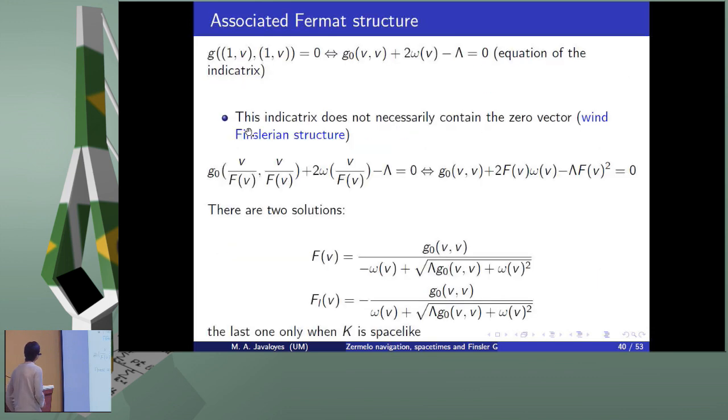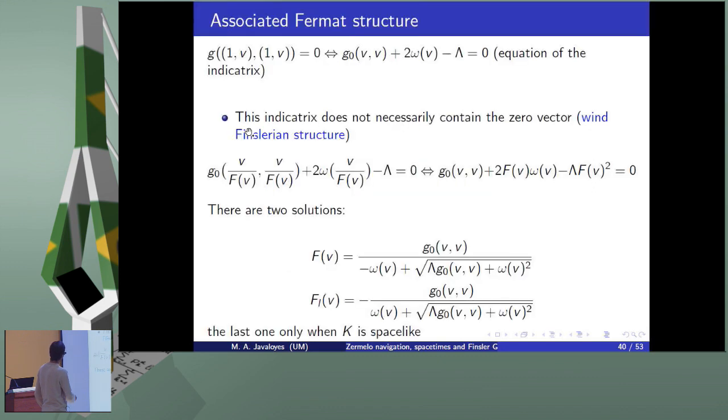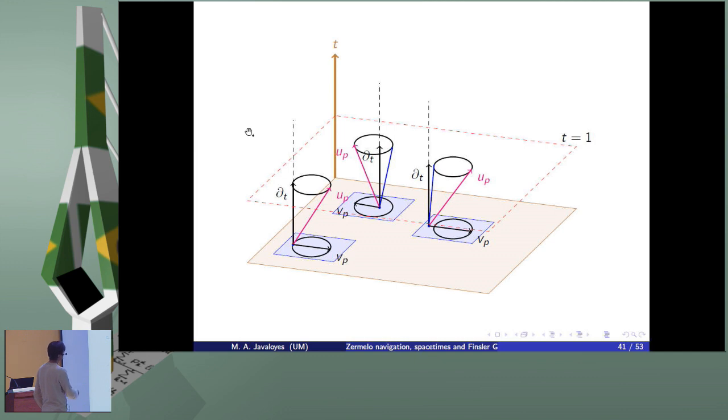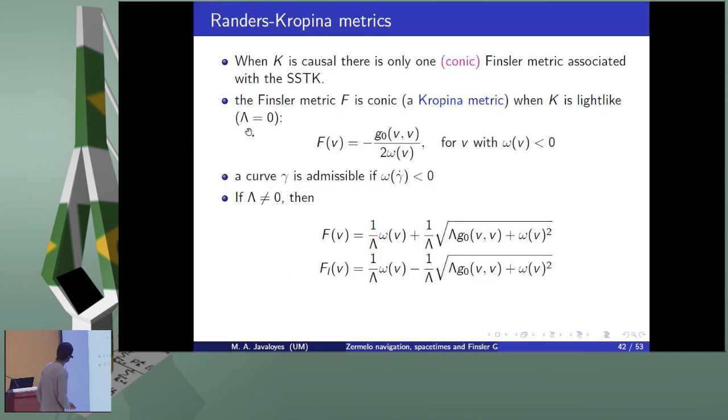So the situation is more or less this. Depending on the sign of lambda, you have 3 possible cases. Let me comment quickly that the Finsler metric has 2 possible expressions.